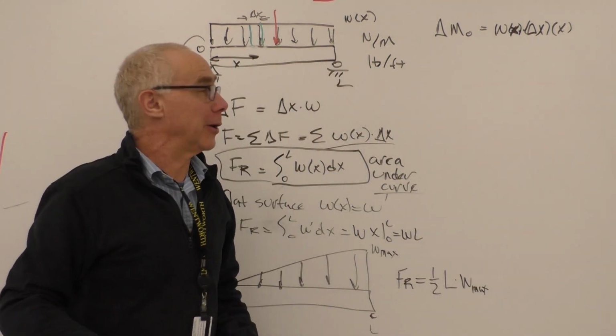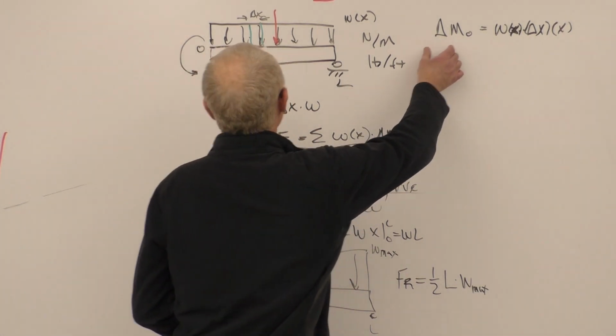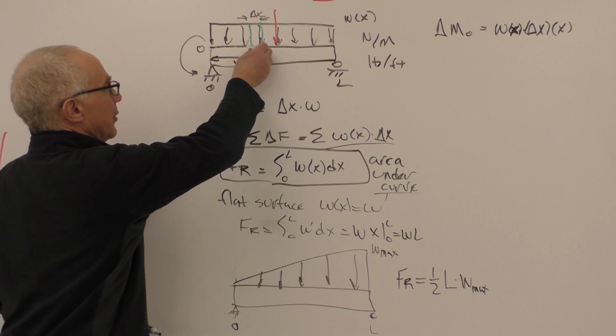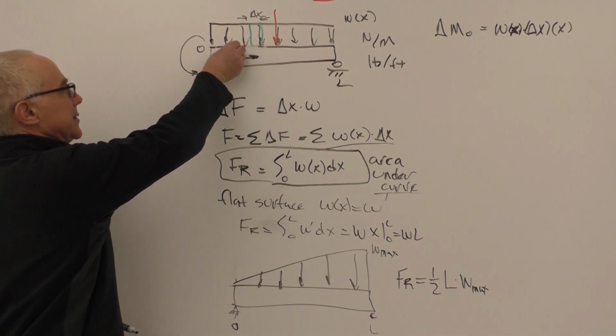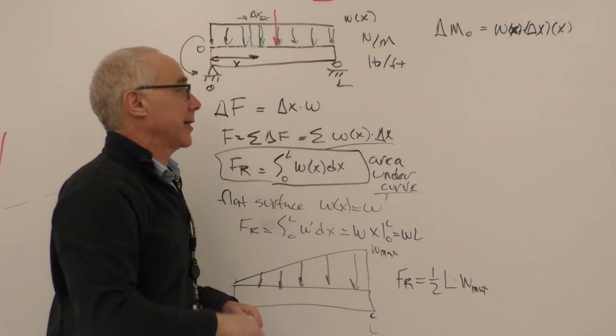So what we're going to do now is add up all of these little moments, in other words, the moments resulting from that wedge. But what if we have wedges here, here, here, everywhere along the length of this thing?